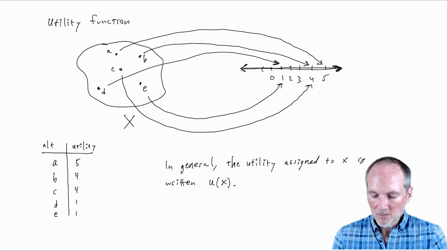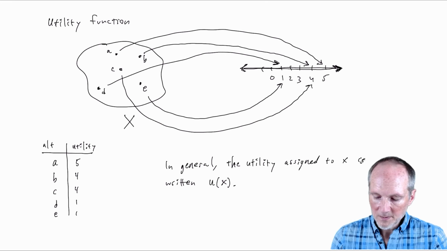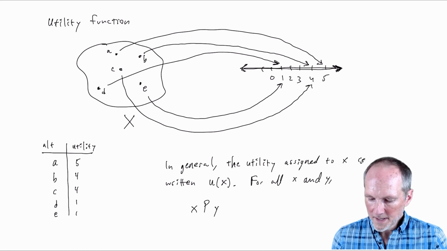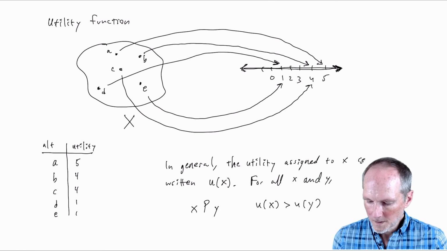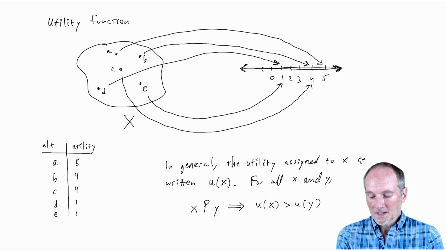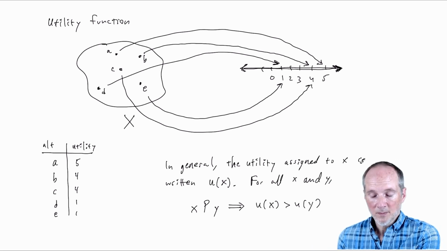The way we would write that formally is: for all alternatives X and Y, if X is preferred to Y, then it should have a higher number. I'll use this logical notation, which means if X is preferred to Y, then it has a higher number.